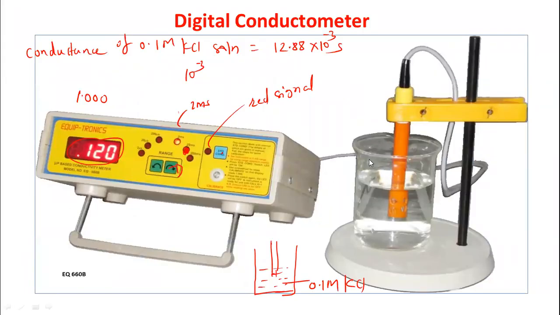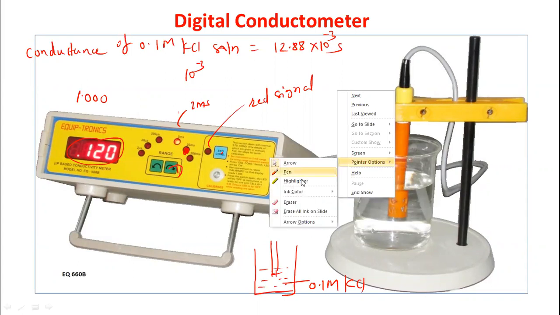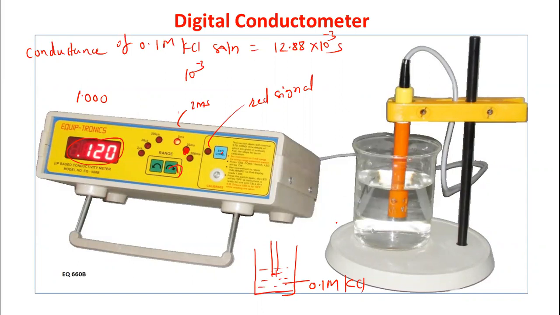In a beaker, let us take 50 ml of the diluted solution of monochloroacetic acid. The first concentration, suppose, is 0.05 molar.